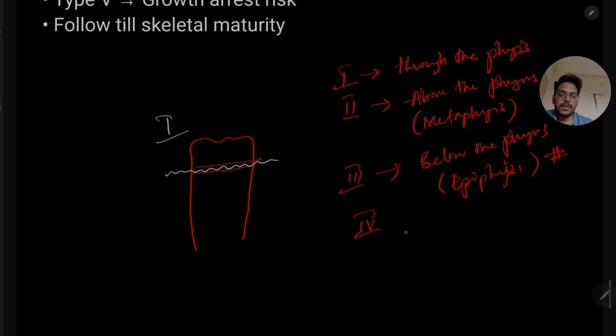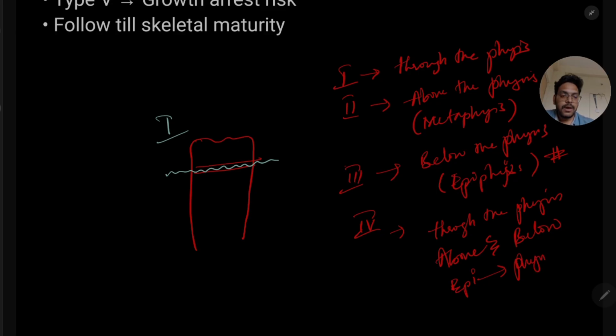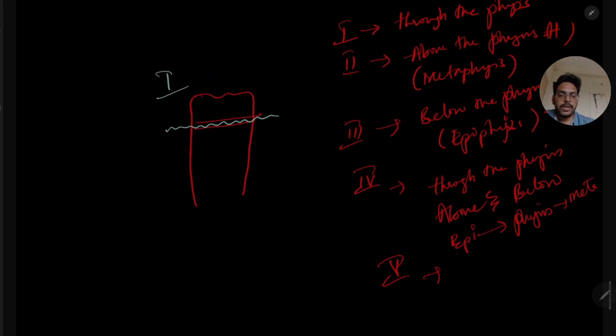Then type 4 is through the physis, above and below, means all through from the epiphysis to the physis and then to the metaphysis. This is type 4. Type 5 is a superior and inferior crush injury.